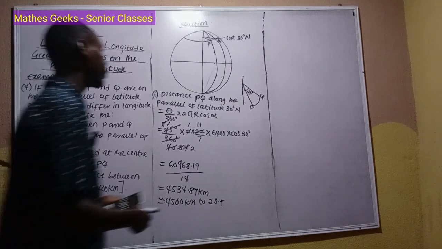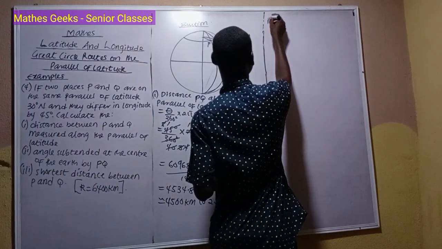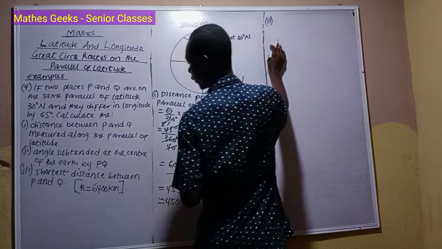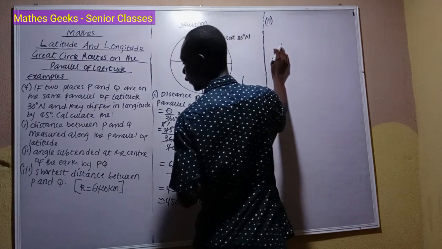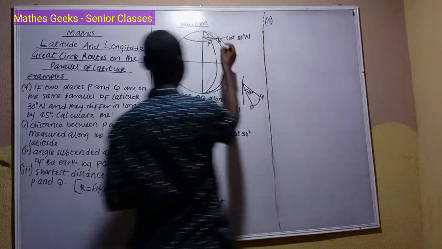Then 2, the angle subtended at the center of the Earth by PQ.